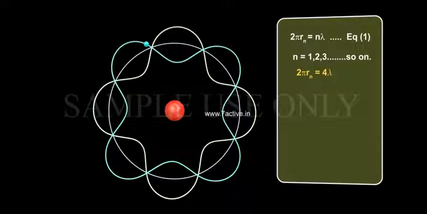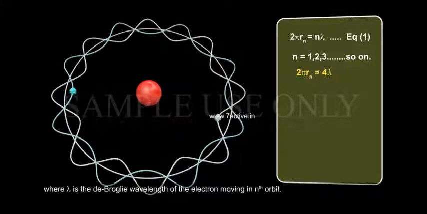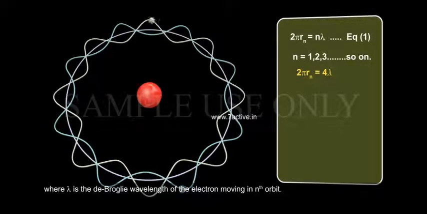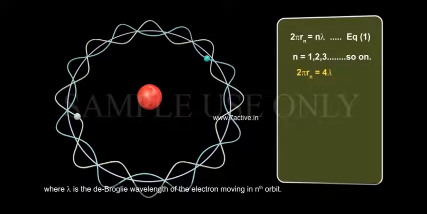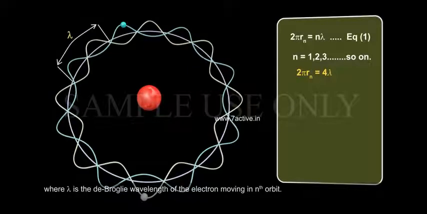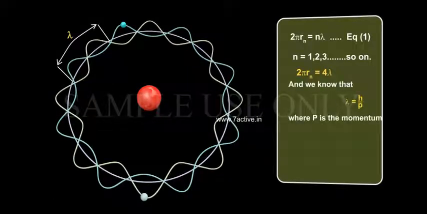That is, 2 pi r_n equals 4 lambda, where lambda is the de Broglie wavelength of the electron moving in the nth orbit. And we know that lambda equals h by p, where p is the momentum.